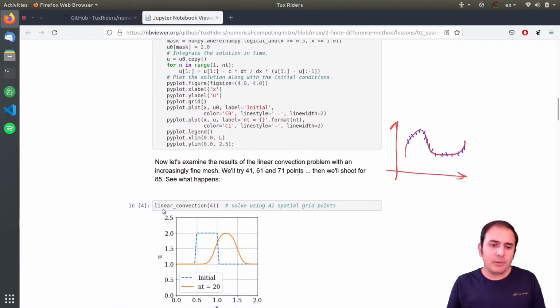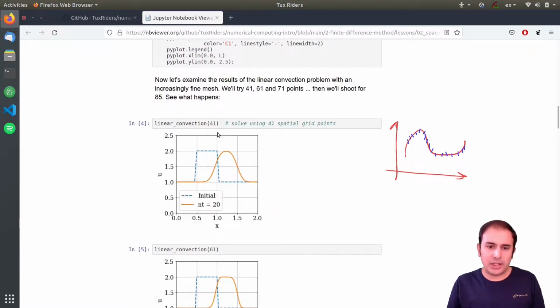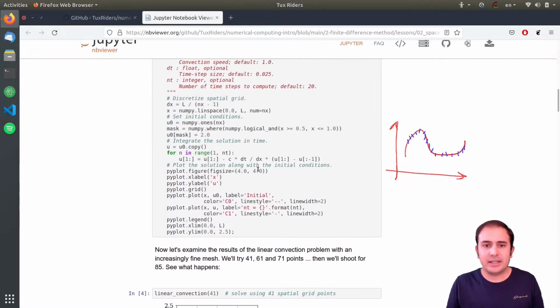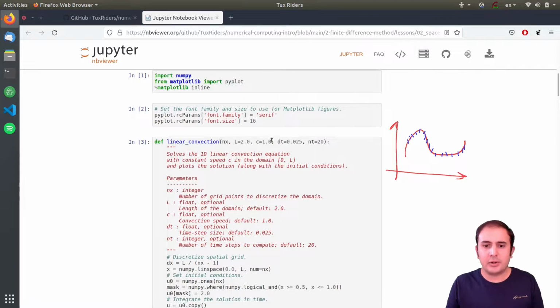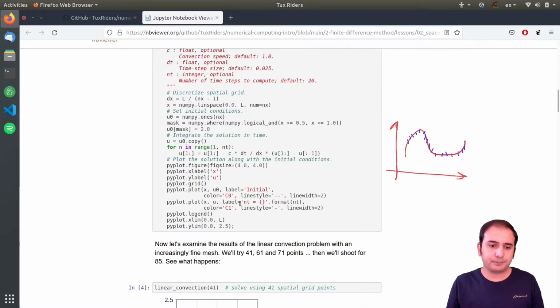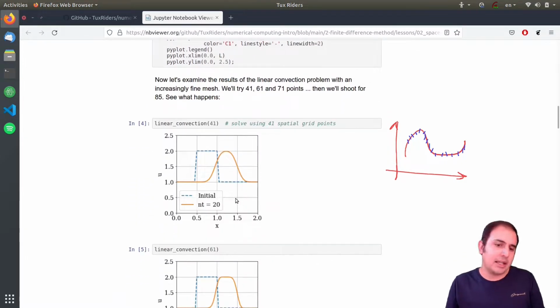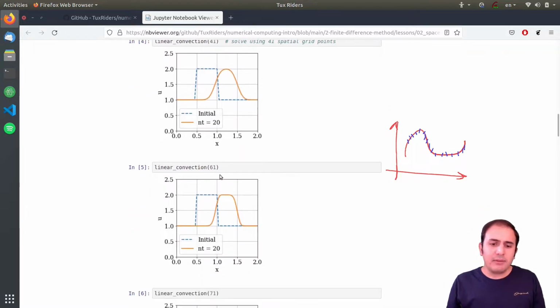When we call it, it plots the solution for us, for 41 points. As you can see, this is the first parameter. The rest have default values for the final time and time step. When we pass 61, we get the same result, a more accurate one. You can see that it has a sharper interface here, which is more accurate because this is the initial condition.